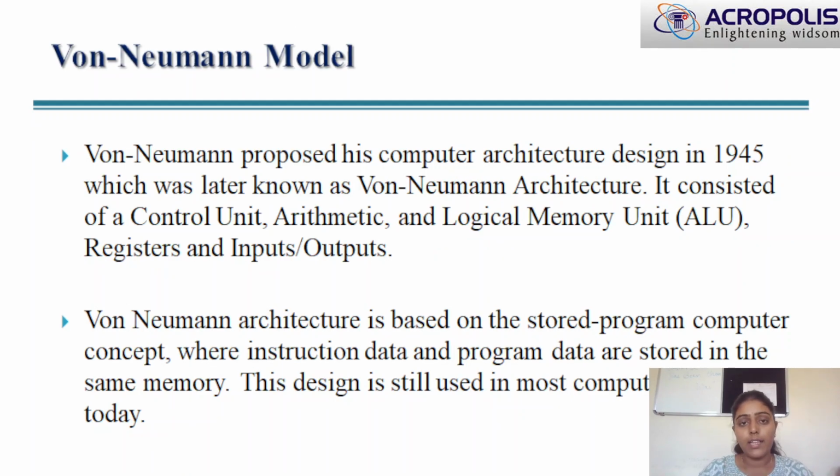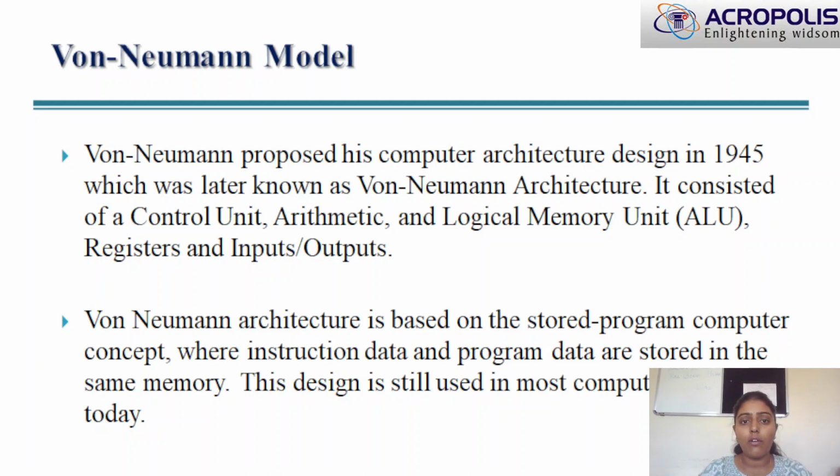Now, there is one important fact in computer architecture, where von Neumann defined his model. Von Neumann is a scientist who defined a model regarding computers. Von Neumann proposed his computer architecture design in 1945, which was later known as von Neumann architecture.